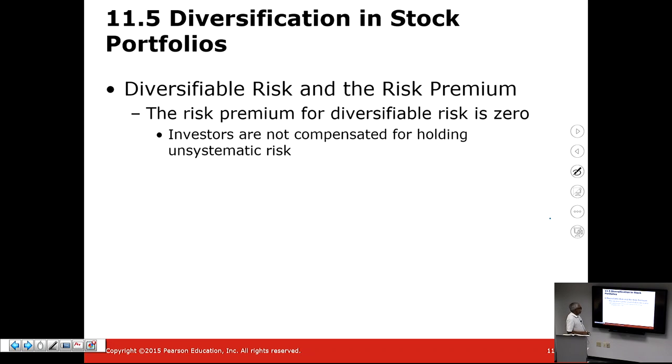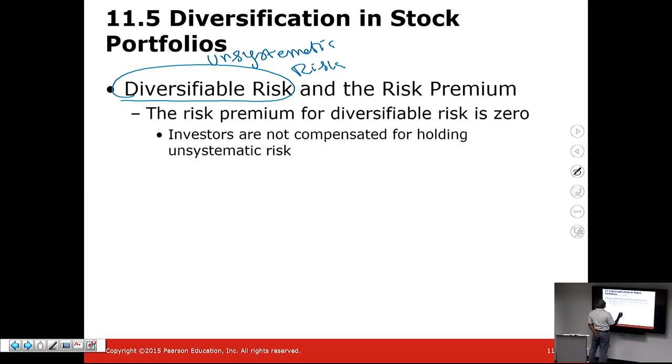Okay. So because diversifiable risk or the unsystematic risk can be diversified or eliminated by simply adding more and more stocks to our portfolio, there is no reward for this risk. That's what we call the risk premium. The premium, the reward that you will receive for accepting that risk. That premium is going to be zero because this risk can be eliminated through diversification.